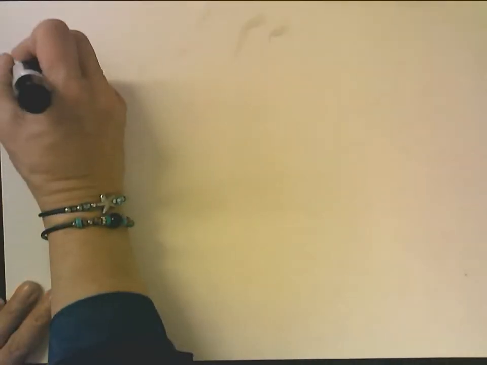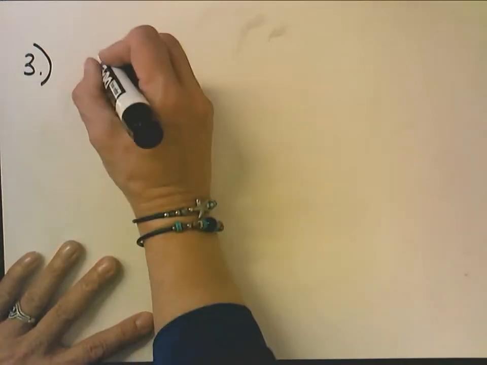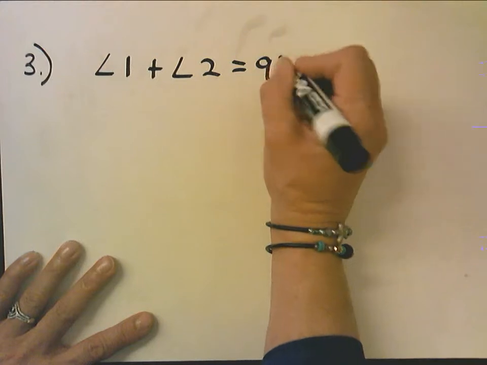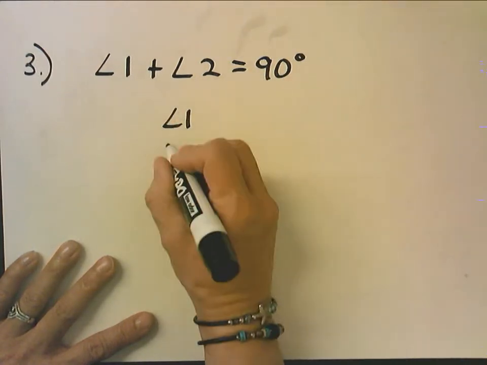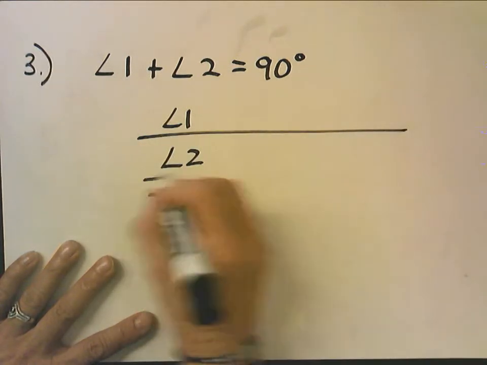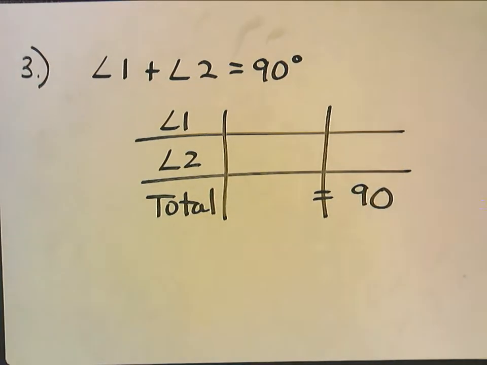Now, number 3 says, an angle measures 15 degrees more than its complement. Well, as soon as you see complement, say angle 1 plus angle 2 equals 90 degrees. I don't know angle 1, I don't know angle 2, but I know my total is 90. Now, I read the problem again to find the relationship between angle 1 and angle 2. An angle measures 15 degrees more than its complement.